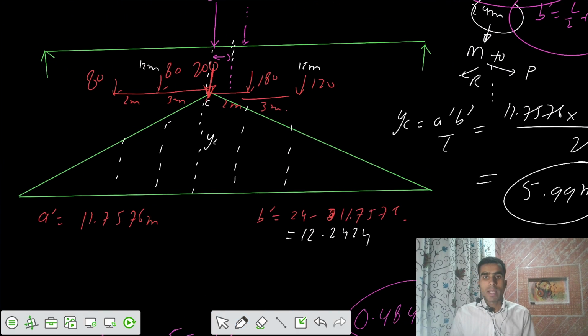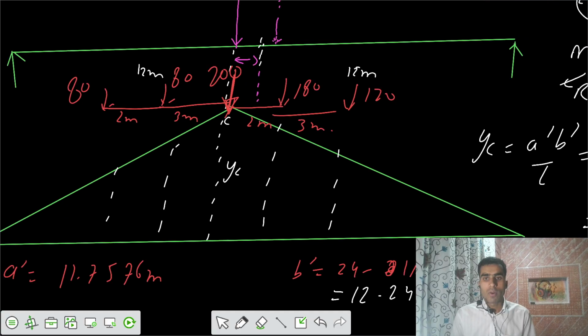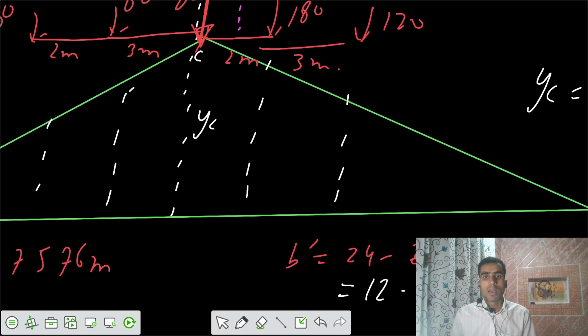So what are these ordinates? Let's go for those ordinates. This ordinate would be equal to 12 minus 2, that is 10.2424 divided by 12.2424 YC, and this is 10 minus 2, that is 7.2424 divided by 12.2424 YC.